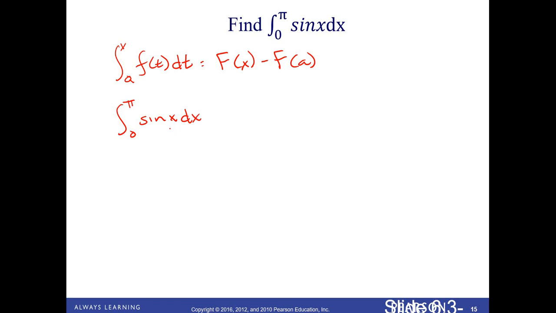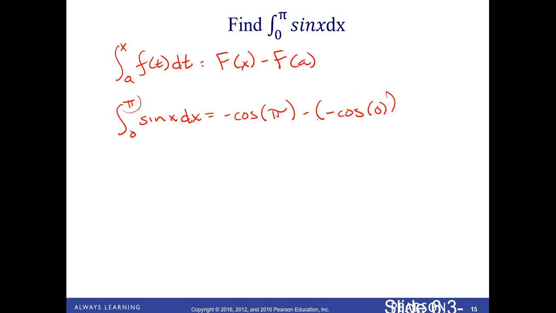You notice I've gone back to x because I now don't have a variable in my limits of integration. What is the antiderivative of sine x? Hopefully remember that it's negative cos of x, in this case, the top limit of integration, minus negative cos of 0. So that's following my model.